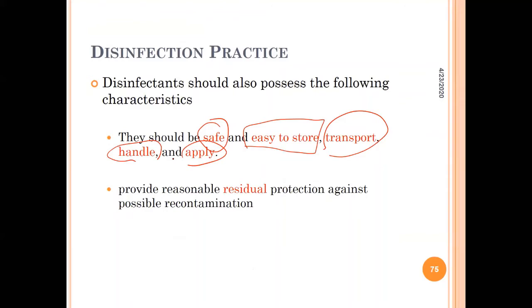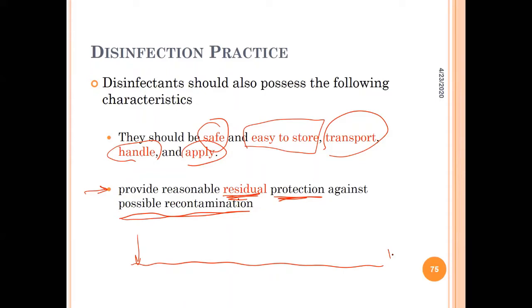And the last, it should also provide reasonable residual protection against possible recontamination. You add disinfectant in the distribution system before it reaches the user. Microorganisms should not come in, so there should be some residual concentration remaining in the distribution system of treatment.